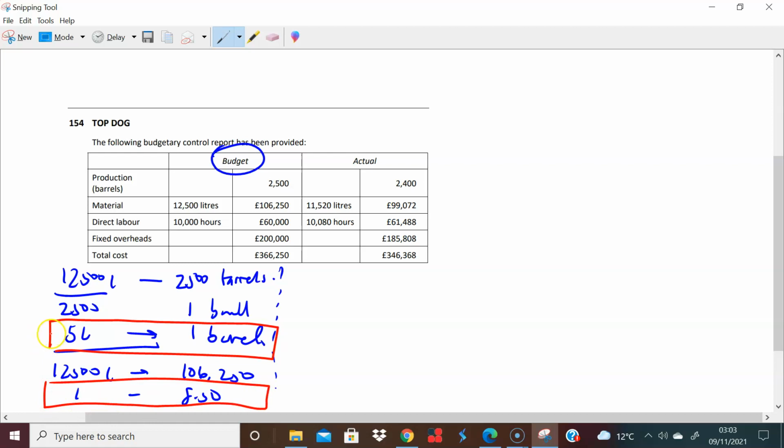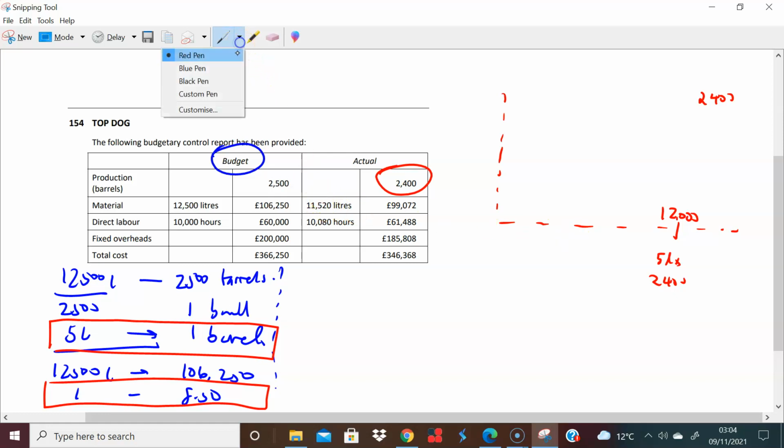Okay, right. So what's happening now? We're making 2,400 units. From an efficiency point of view, you should be using 5 liters times 2,400, which is 12,000 liters. But you used 11,520 liters, so that's favorable.